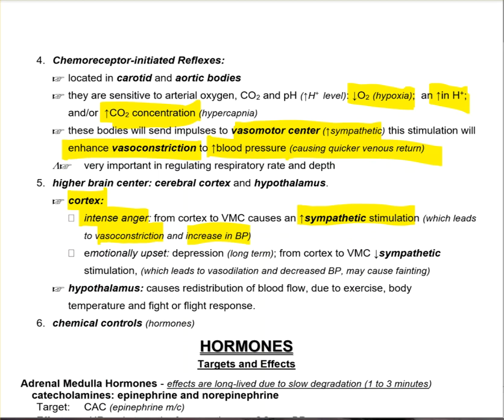Now, what if you're really emotionally upset, maybe depressed long term, for example? This would actually do the opposite. It could lower sympathetic stimulation. And in some cases, you can have a temporary emotional upset where you're so upset you vasodilate too quickly and you faint, right?